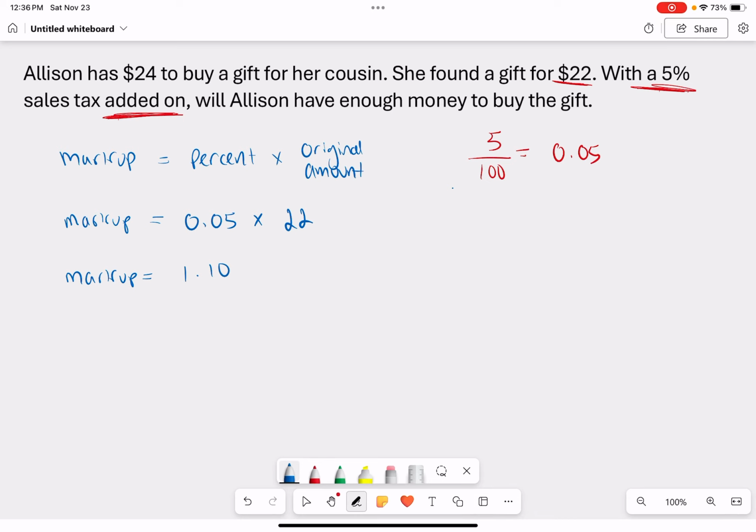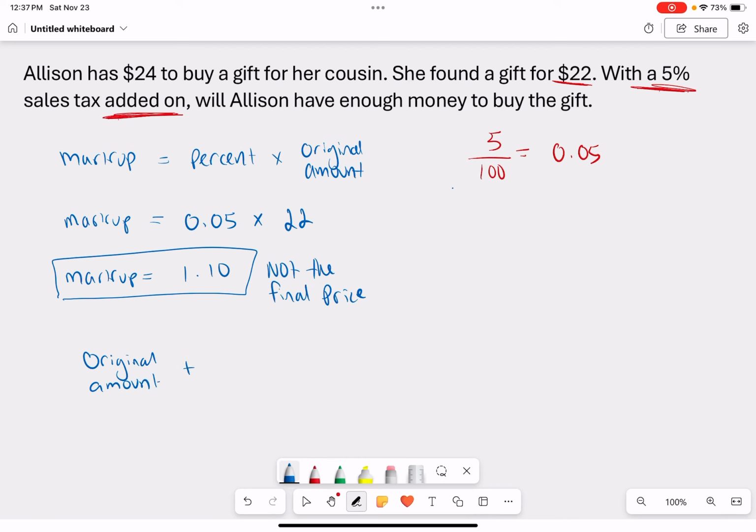The markup is not actually the final price. This is actually what's going to be added to the original amount. So we're going to say original amount plus the markup will give us the final price.